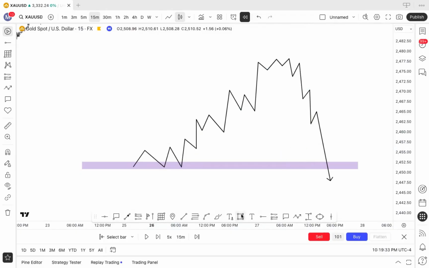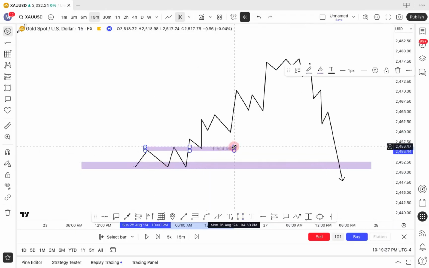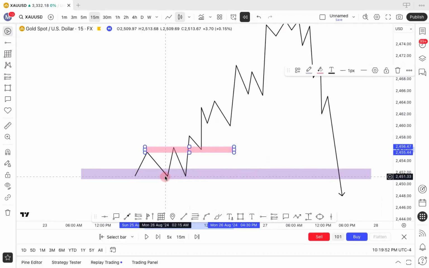So guys, every time you see price break structure of these previous highs, do you notice how we come back down here? So this was originally a support, and this was originally a resistance. Resistance will usually be highs because it's above, it's higher, right?